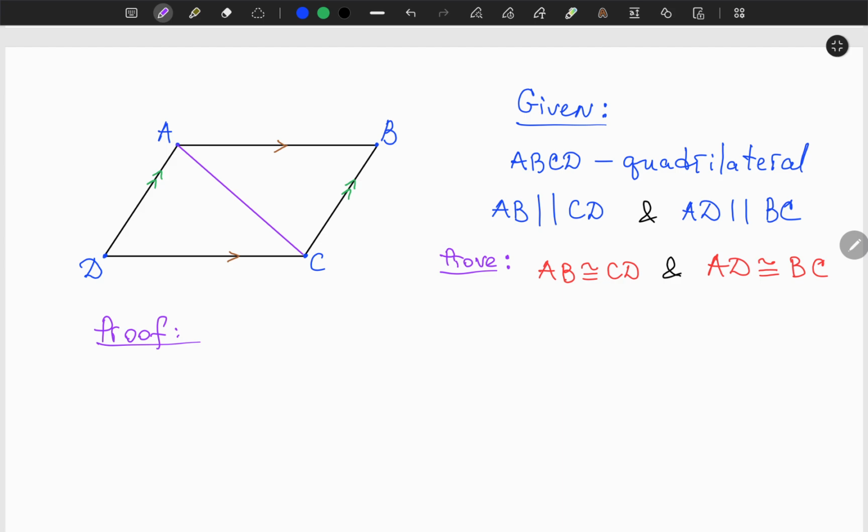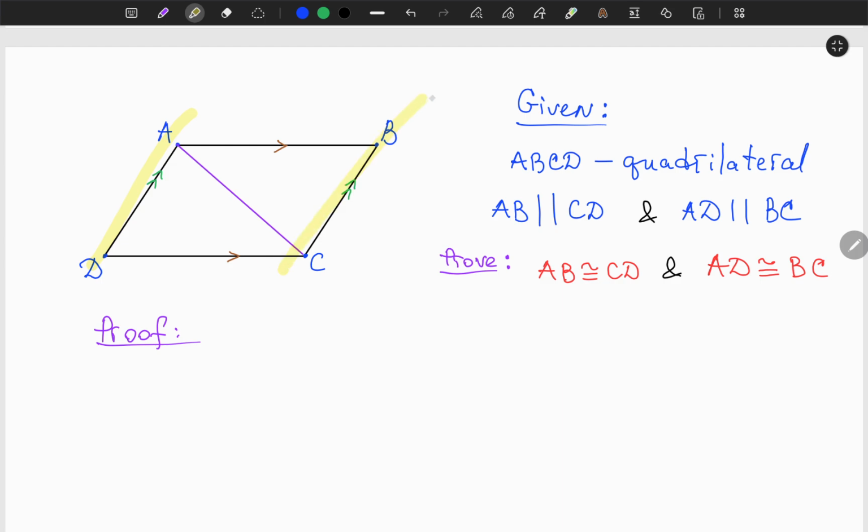Once we connect A to C, this line is gonna be transversal to two things. First, it's gonna be transversal to these two parallel sides. And the other, I'm gonna do a little bit later. Let's start with this side, AD and BC.